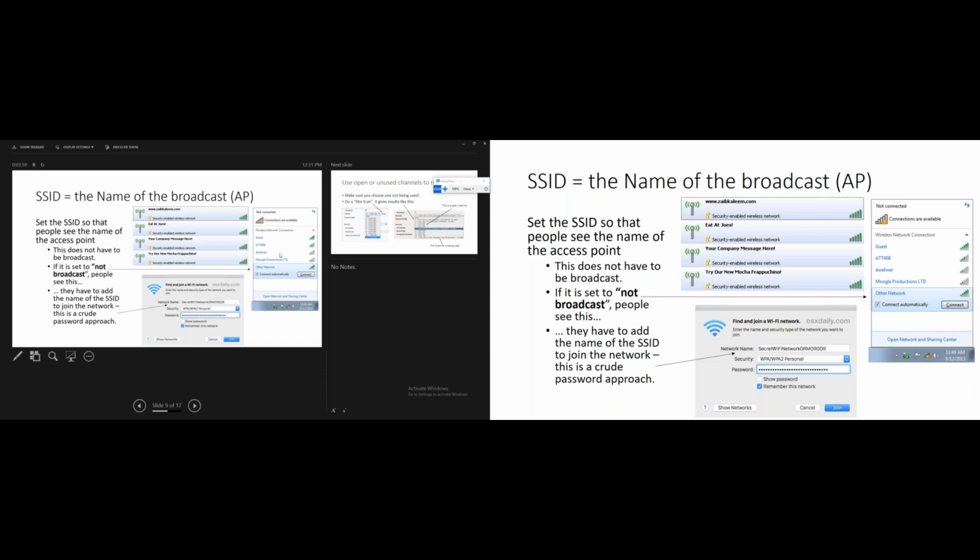It's a hidden network. You can actually use the SSID as a pseudo password. How cool is that? So SSID isn't just a setting, it's just a name. You just put in the name, it's the name everyone sees. Like for example, when you do a scan and you see Marriott Conference, that's the name of the SSID.